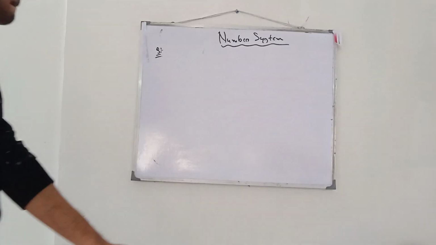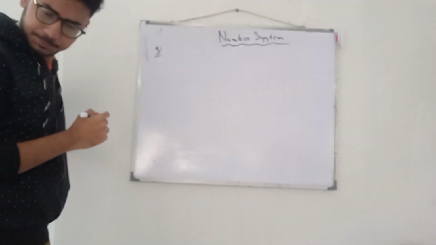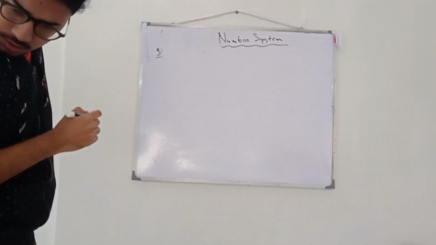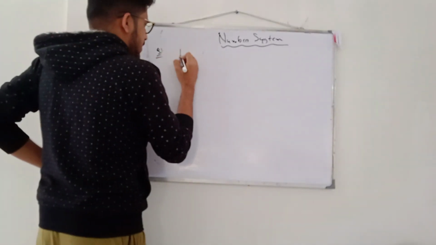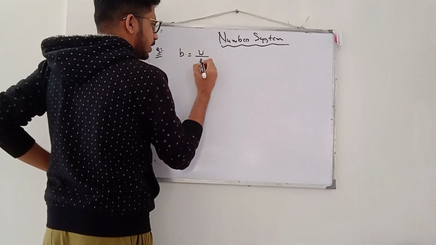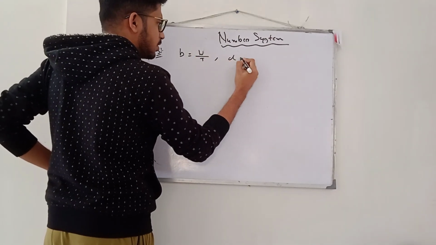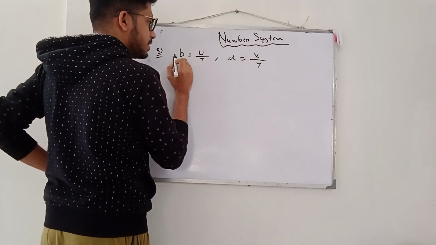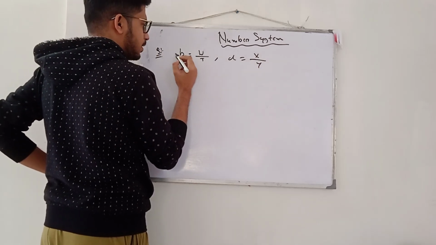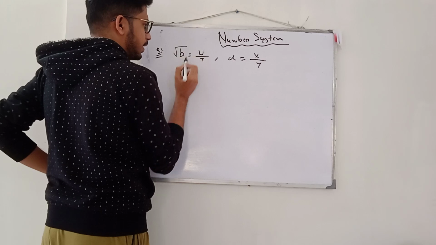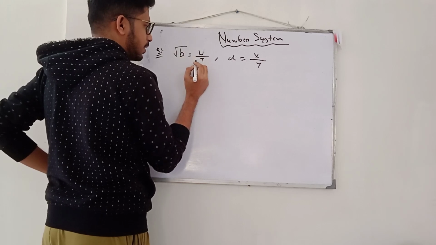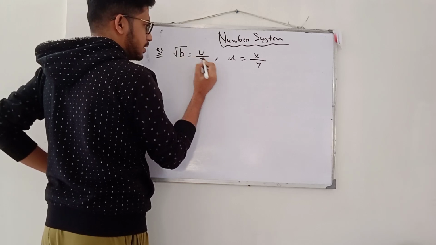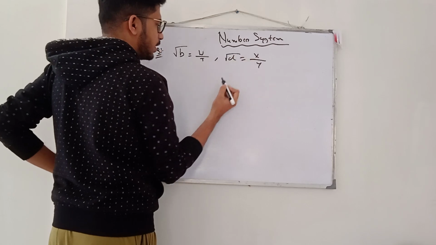Here, suppose b is equal to w by t, and d is equal to x by y. So suppose it is root b here, and this is w by t, and this is also root d here.